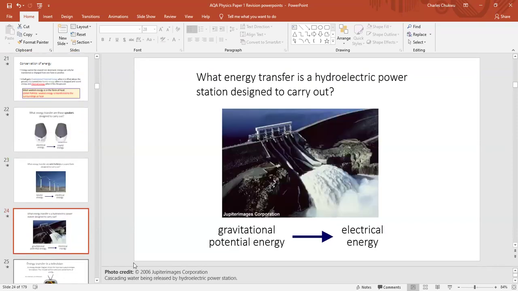Now, this is another demonstration, something that's very practical. Gravitational potential energy is converted to electrical energy. Water that is dropping from a height can spin a turbine. Those turbines are inside the dam, okay?